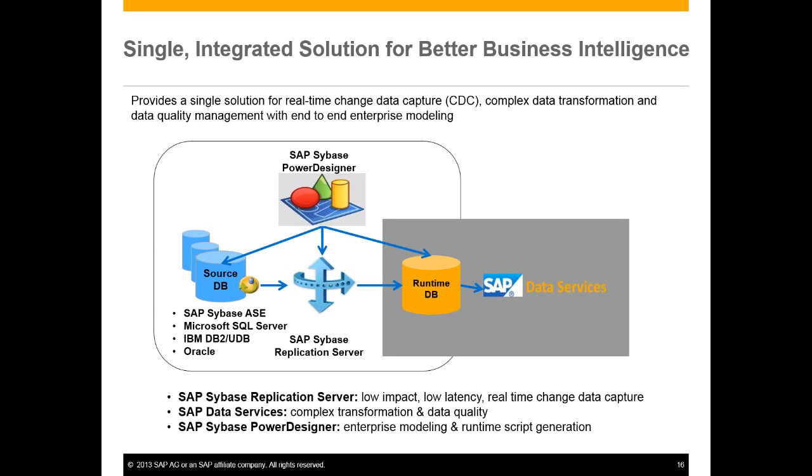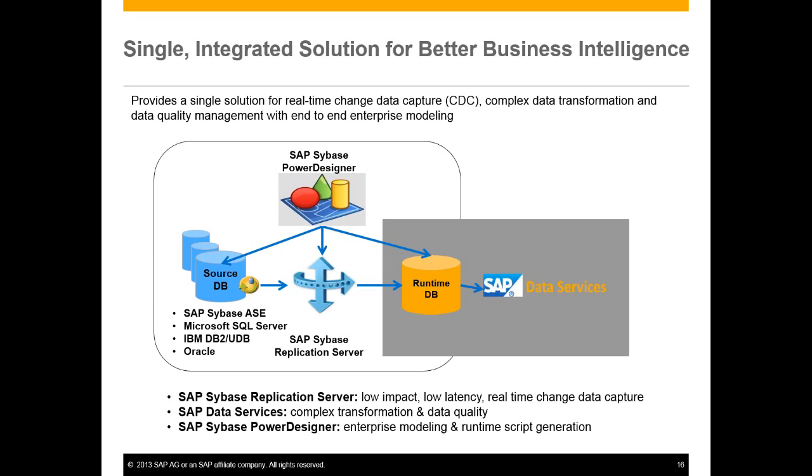PowerDesigner in this case automates all the script generation. You have to specify the source database and the source tables that you want to replicate from. PowerDesigner does the reverse engineering and picks the tables that you want to replicate, and first of all it generates the target schema in the runtime DB.